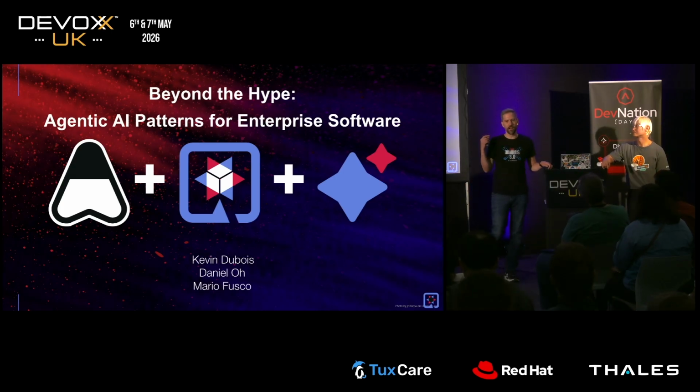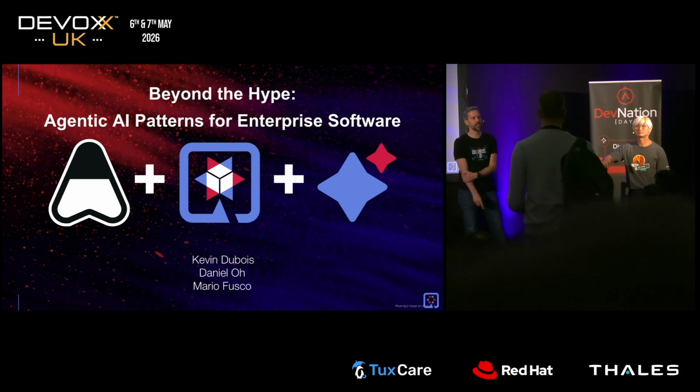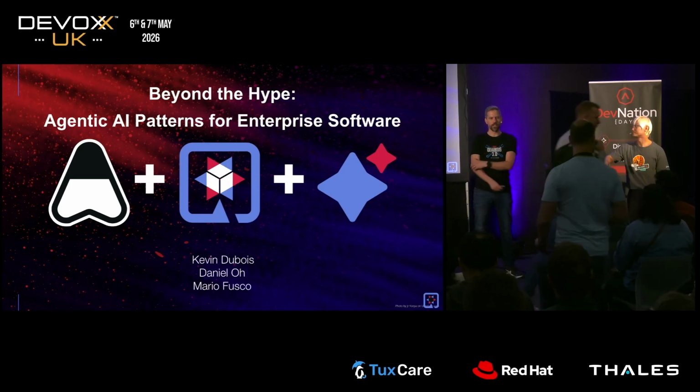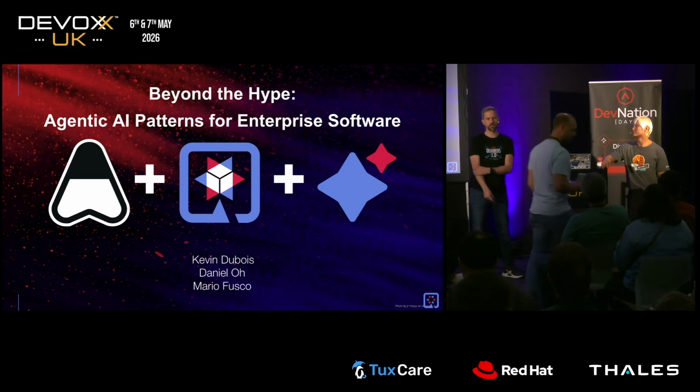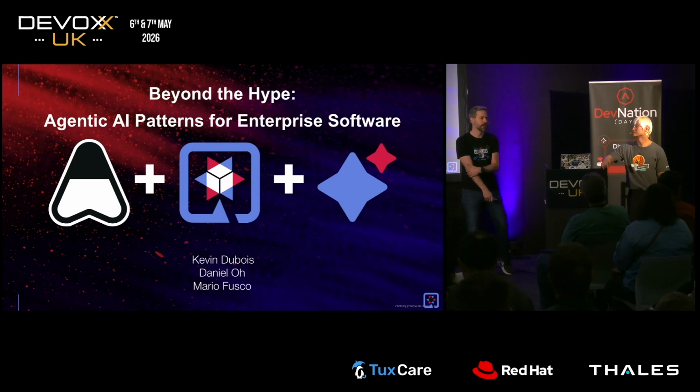But I think what this session is about is really a little bit different from all the hype that you're hearing about, like, oh, all these proprietary solutions with low-code stuff.